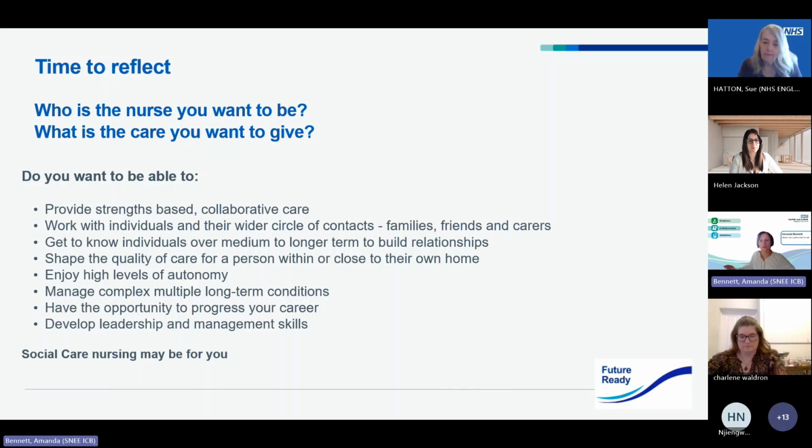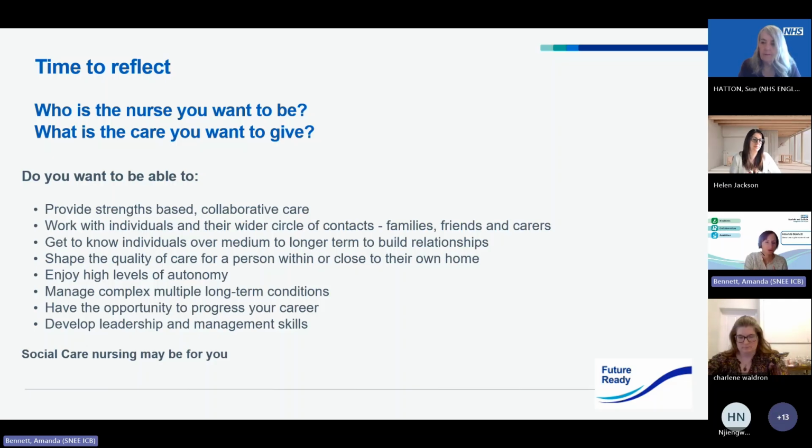And just to help structure your thoughts in terms of what we're talking about today, here are some questions to ask yourself. Do you want to be able to provide strengths-based collaborative care? Do you want to work with individuals and their wider circle of contacts, with their families, friends and carers? Do you want to get to know the individuals you're working with over a medium to longer term and build those relationships?